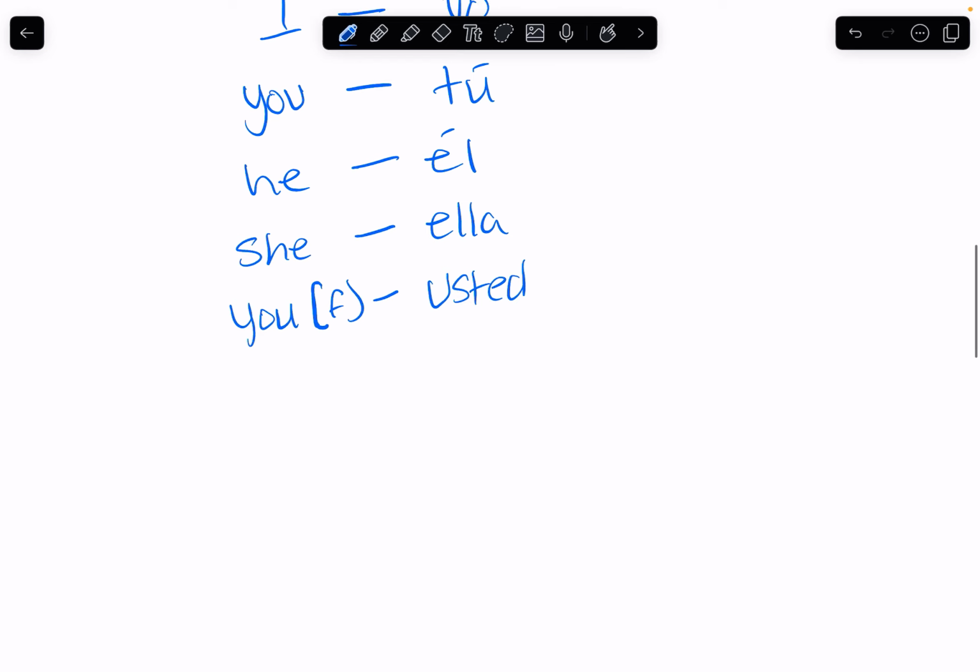For we, or for us, is nosotros. And the reason why I put the @ sign is because it can either be an O, as you can see on the outside, or it could be an A, depending on what you're talking about, if it's a group of feminine things, or a group of masculine things.